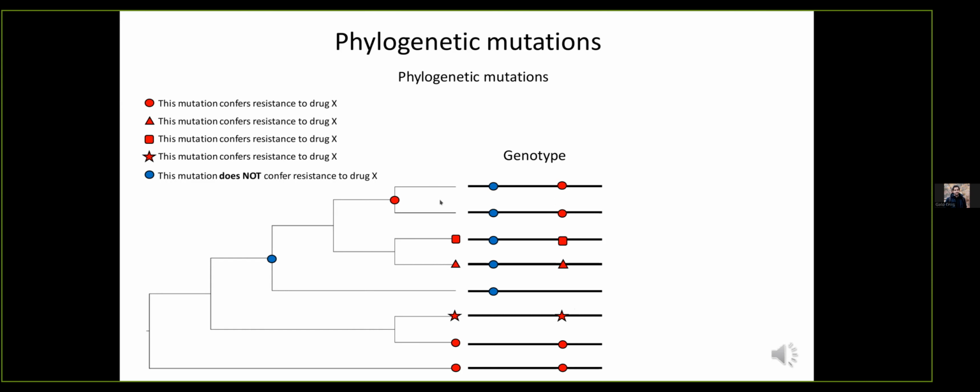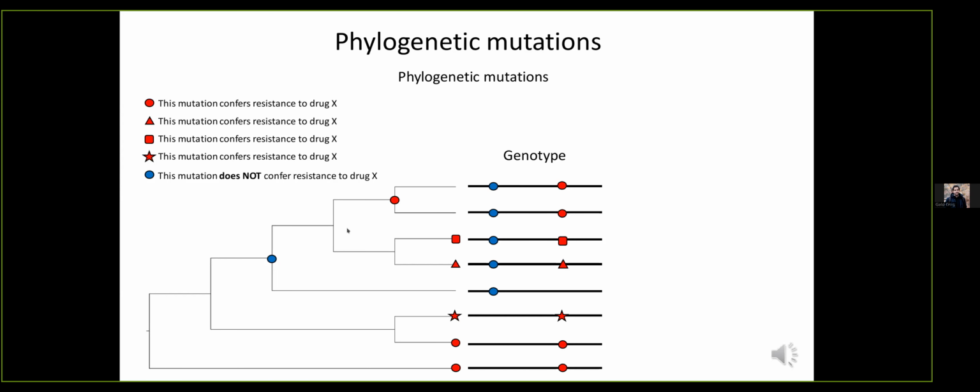If we have this phylogeny that represents genetic relationships, and we observe the blue mutation in all the genotypes, the simplest explanation is that the ancestor of all these 5 samples had this blue mutation. This is not the only explanation.